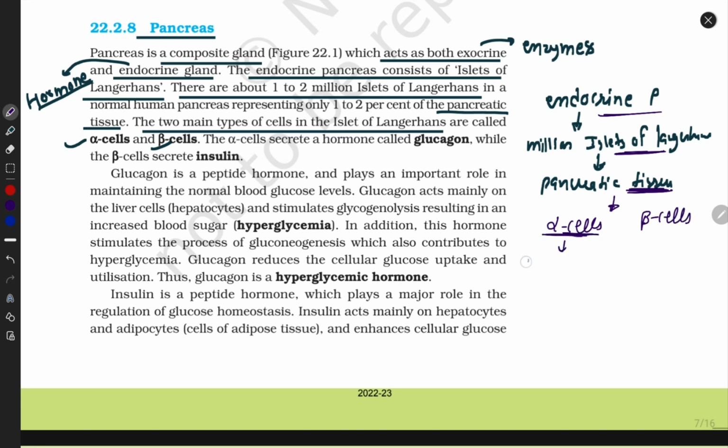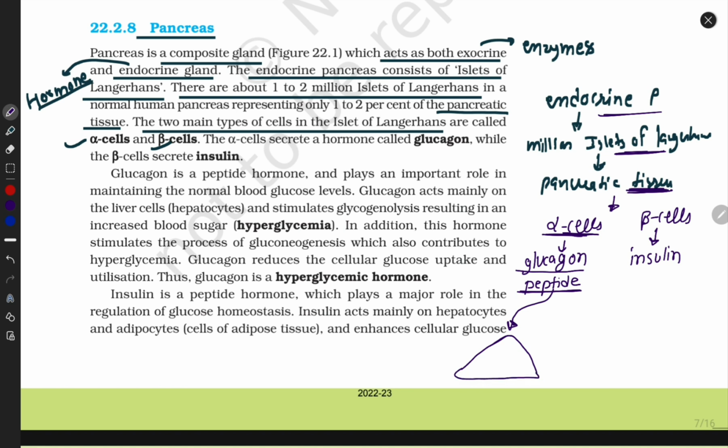They release one hormone, we call it glucagon, and beta cells secrete one hormone, we call it insulin. Glucagon is a peptide hormone. Remember, we have studied a lot about peptide hormones. On which organ does this hormone work? Liver.